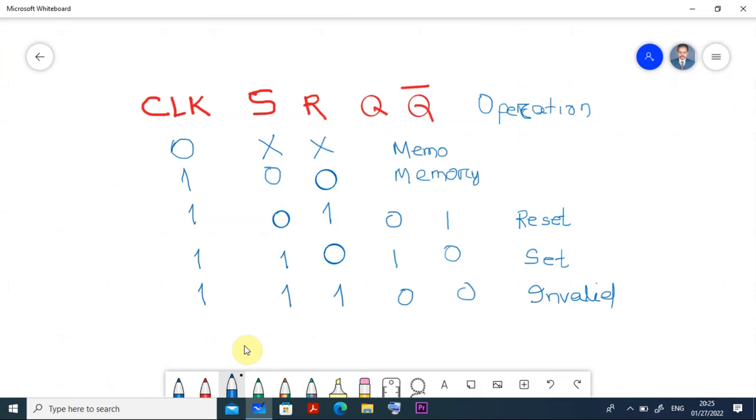Now when the clock is equal to 0, irrespective of the value we provide in S and R, the memory stays as it is. We are not going to change anything. Is it clear? These are the operations.